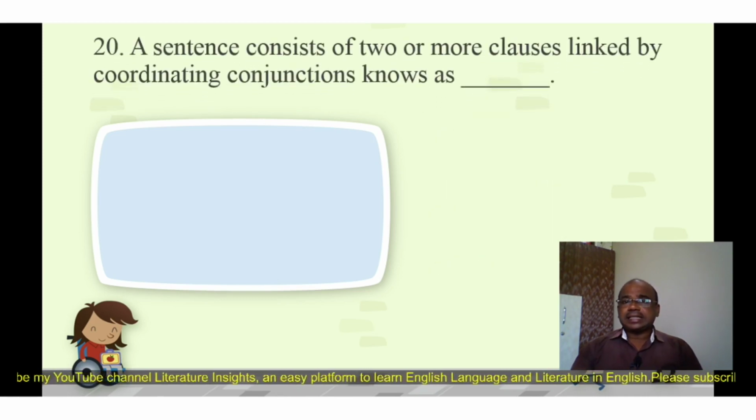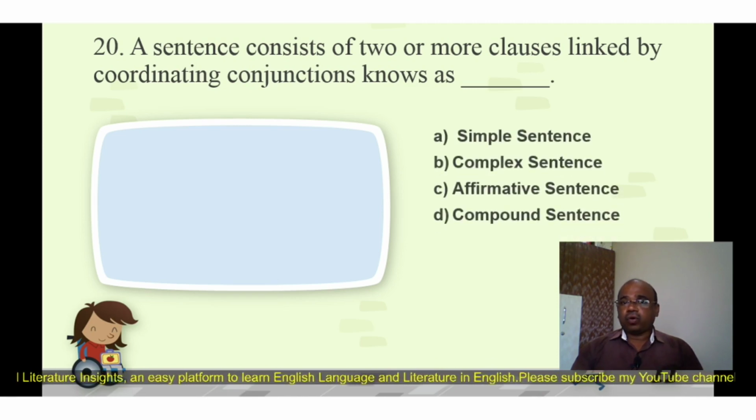Then question number 20. A sentence consists of two or more clauses linked by coordinating conjunctions known as, and here four options. A, simple sentence. B, complex sentence. C, affirmative sentence. D, compound sentence. So here the student has to just understand the question.